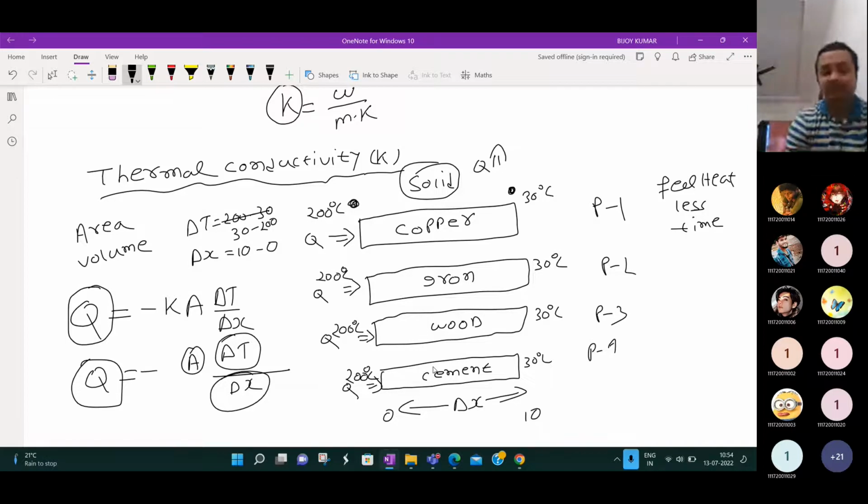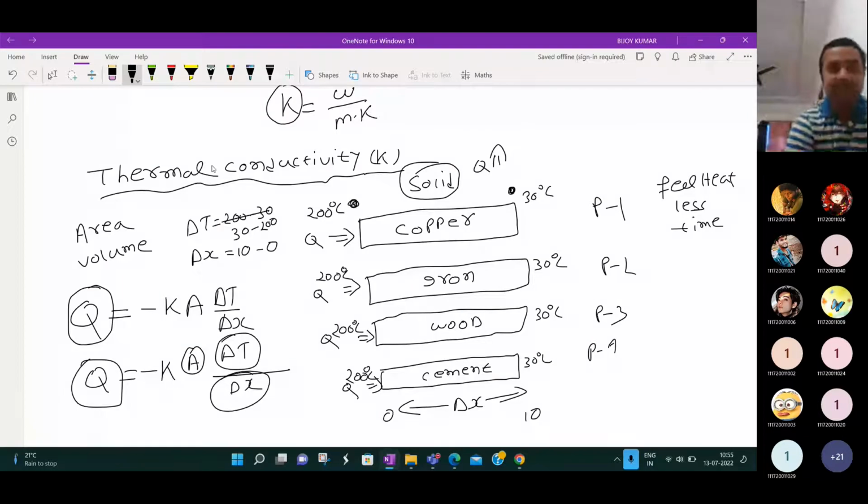Then what is the thing that will be different so that Q will be different? What is the extra thing for which Q is different for all the materials, because area is the same, delta T is the same, delta X is the same? That answer is K.